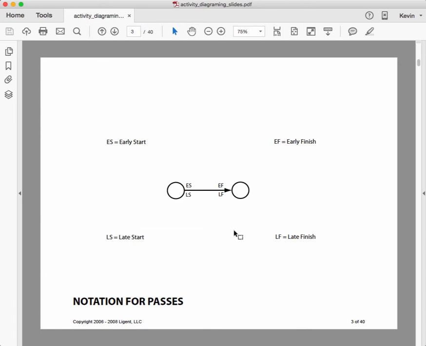And we do this by going through the diagram in 2 passes, one from left to right, which we call the forward pass, and one from right to left, which is called the backward pass. So we do the forward pass, in which we calculate early start and early finish. Then we get to the end and we turn around, we do the backward pass, where we calculate late finish, late start. Okay?